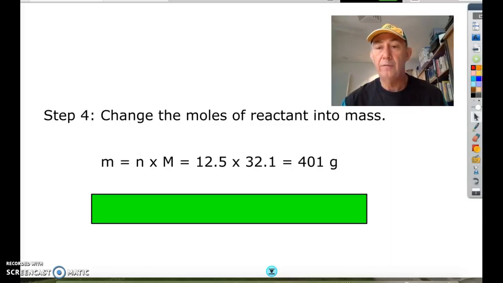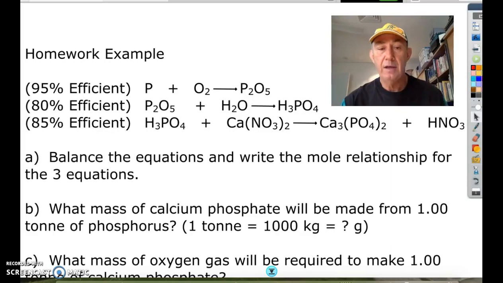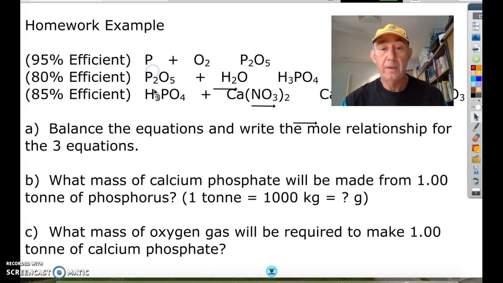Okay, so I've quickly gone through these. Here is an example for you to try for yourselves. We have the sequence of equations. Your first job is to use that sequence of equations to find out the mole ratio.